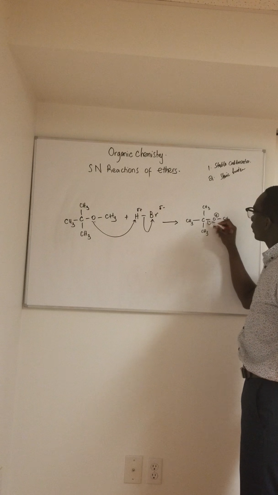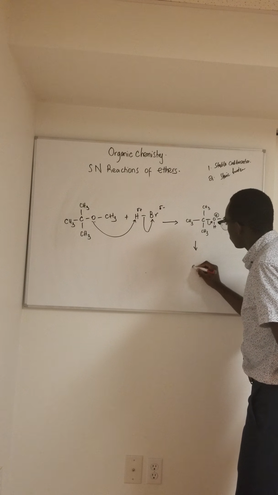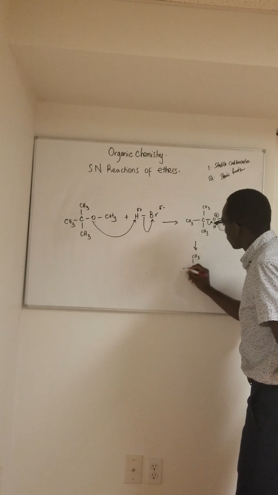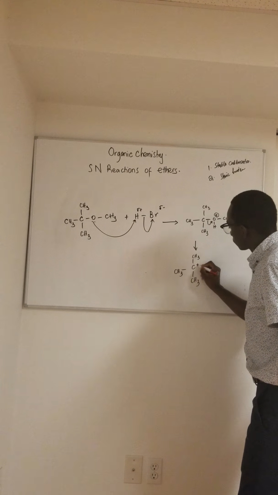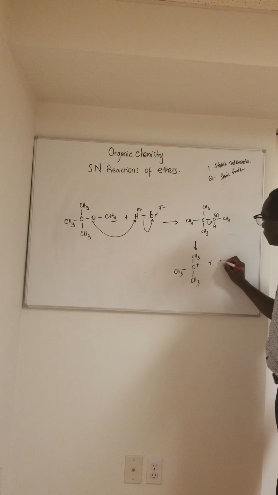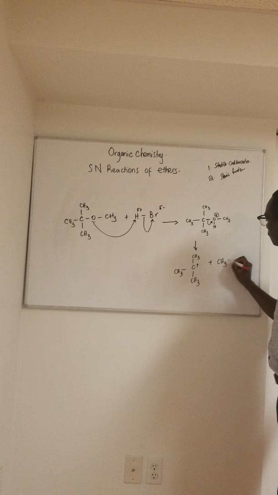So when I break off this bond, I'm going to have this species like that, and methanol. So I've formed a tertiary carbocation, which is more stable. So my bromide ion can easily attack this carbon.